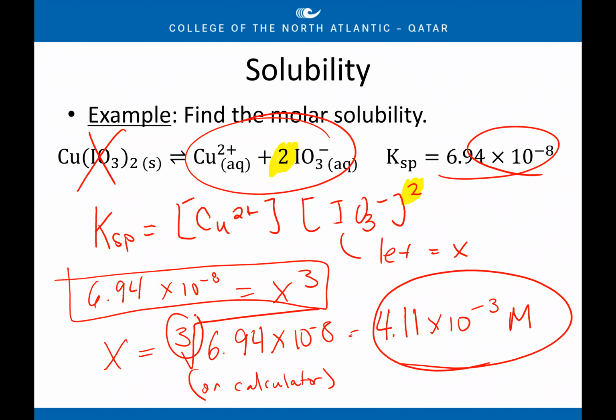It's definitely 3 because I have 1 here and 2 here, which equals 3. So it's definitely a cube root. Don't worry about the charges. The charges on the ions are not relevant. They have nothing to do with balancing. And yeah, Abdul Halim, I couldn't have said it any better myself.